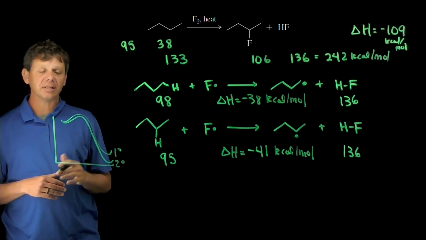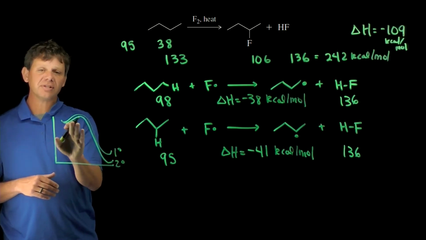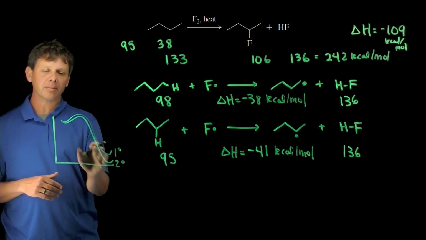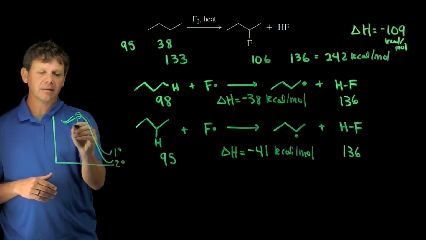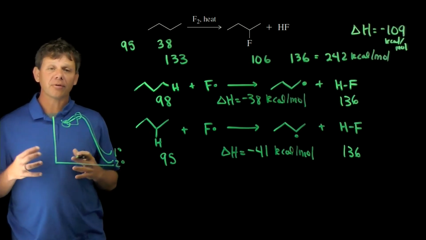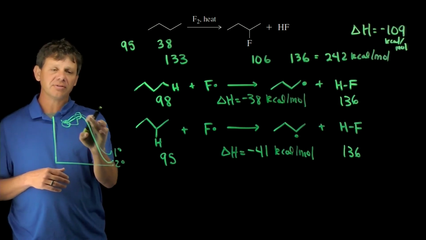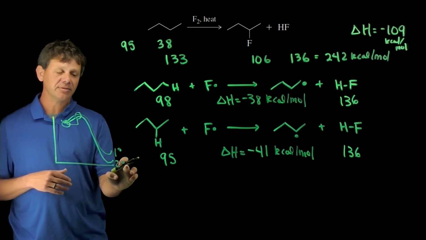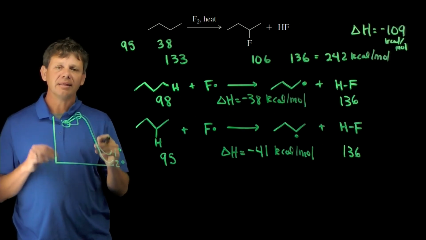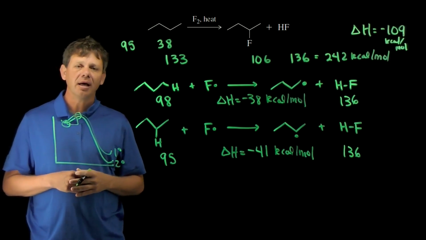And the Hammond postulate tells us that the transition state of an exothermic reaction looks like the reactants. And so for that reason, there's not a big difference in energy between the transition state leading to primary and the transition state leading to secondary. The exothermic reaction is not selective.